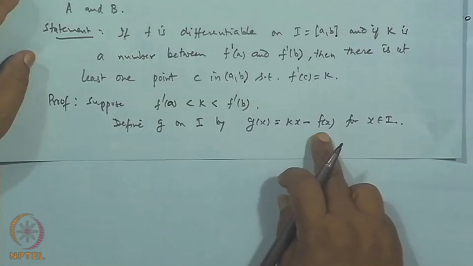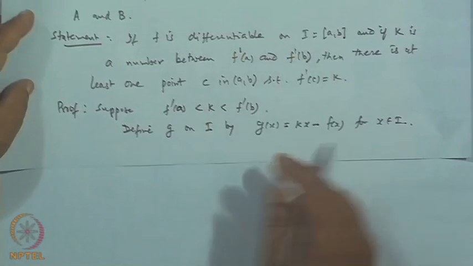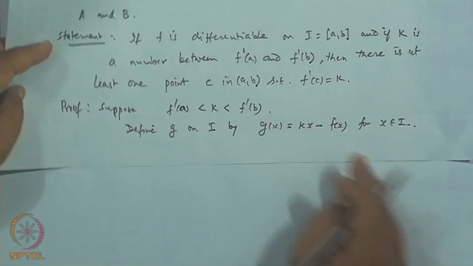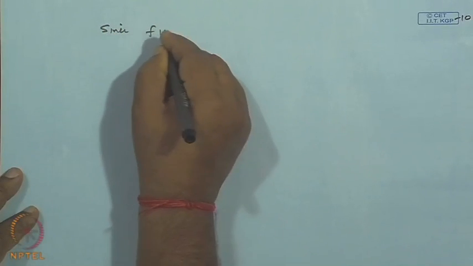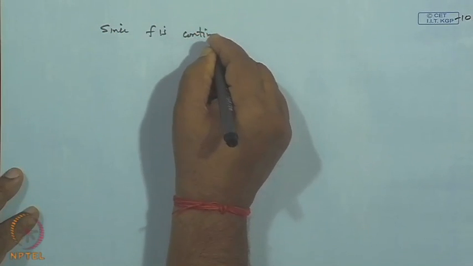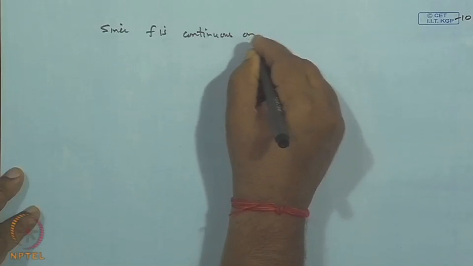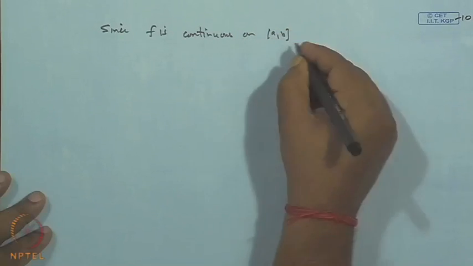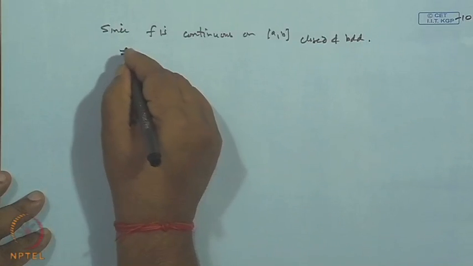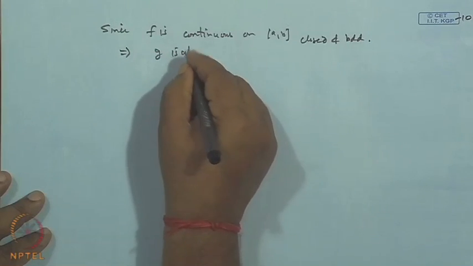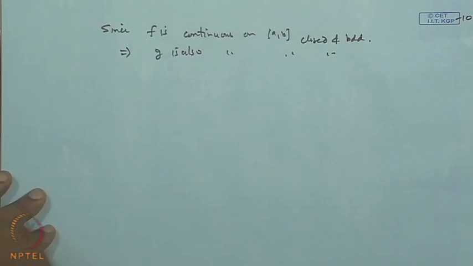Now, since function f is continuous and differentiable, g is also continuous and differentiable. So, since f is continuous on the closed and bounded interval, this shows g is also continuous on the closed and bounded interval.